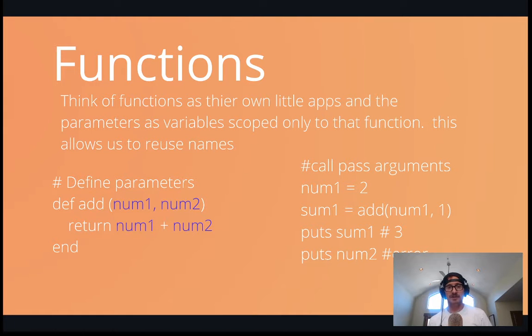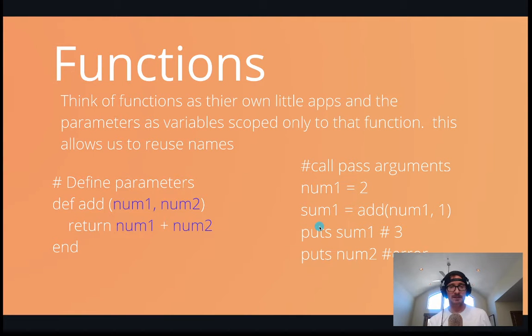So think of functions as their own little apps. And these parameters, you can kind of think of these as variables. And these variables are only scoped or visible within the function. So I have this num1, num2. These are for this function and this function only. This allows us to reuse names.